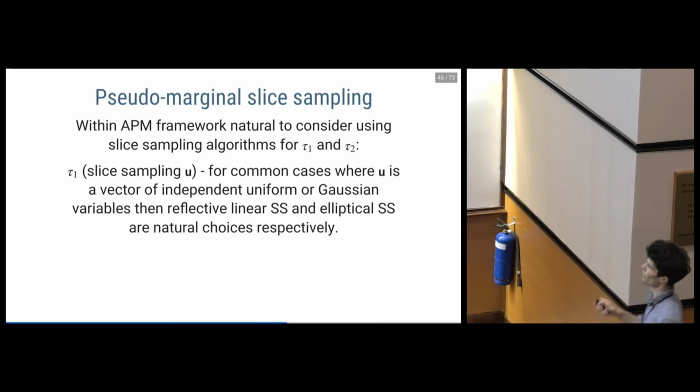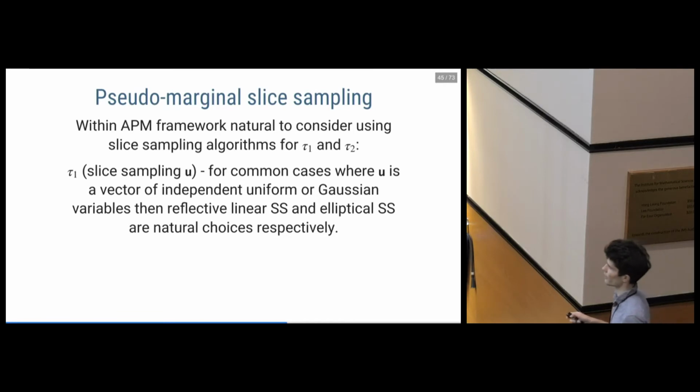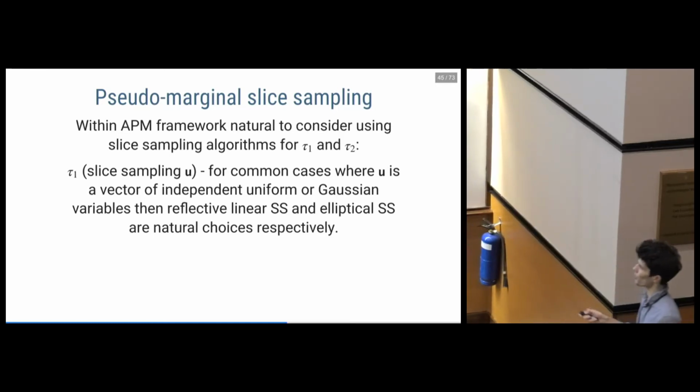And either of these two cases are quite natural choices of either this reflective linear slice sampling within the hypercube or this elliptical slice sampling on that standard normal prior. And in both of those settings, there are minimal tweak parameters. Elliptical slice sampling has 0 tweak parameters if you ignore the hidden tweak of coming up with a good Gaussian approximation.